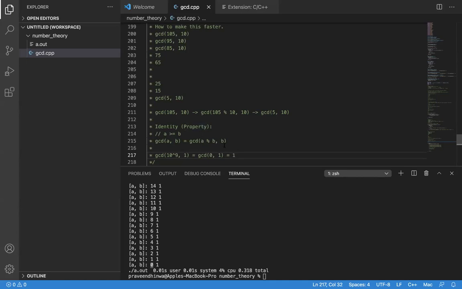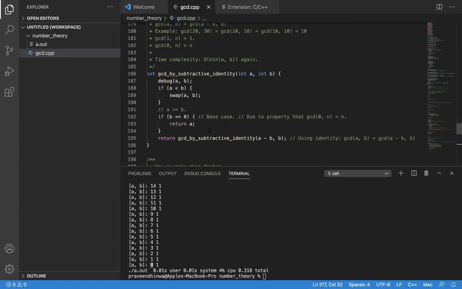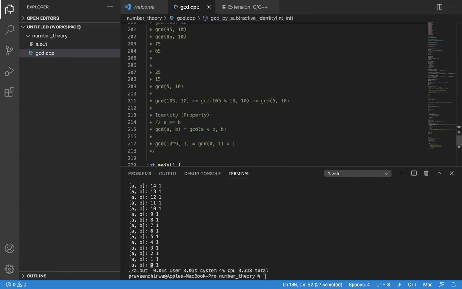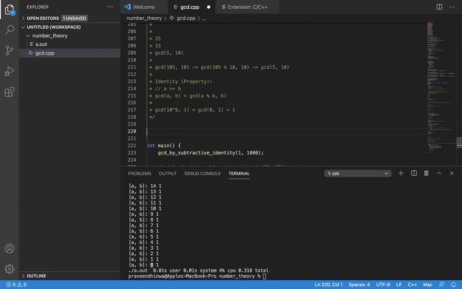So the benefit of this identity is that in the previous operation, you were subtracting b each time. Now in a single step, instead of doing those subtractions, you will directly go to the modulo. So let's write the same code. int GCD_final(int a, int b).